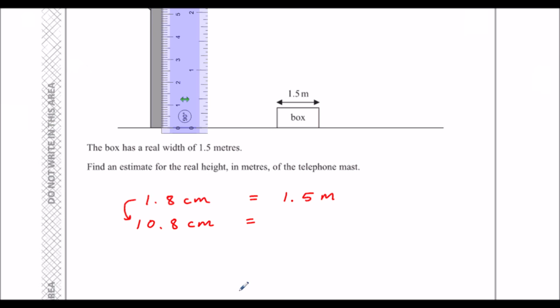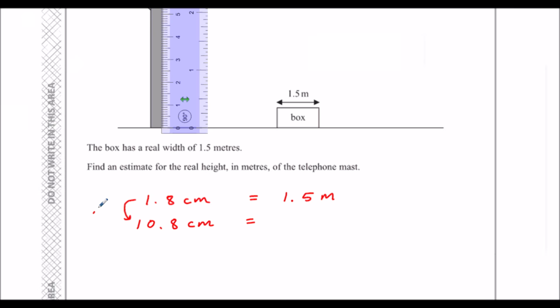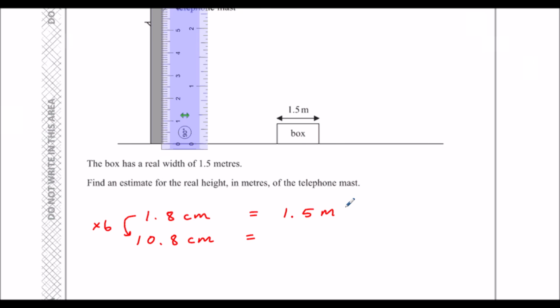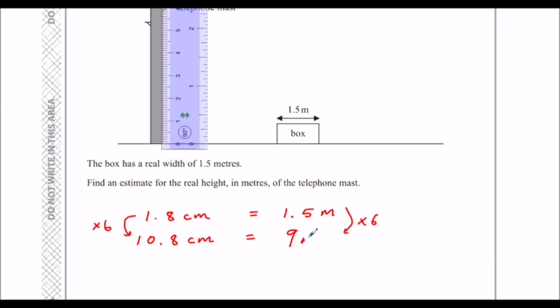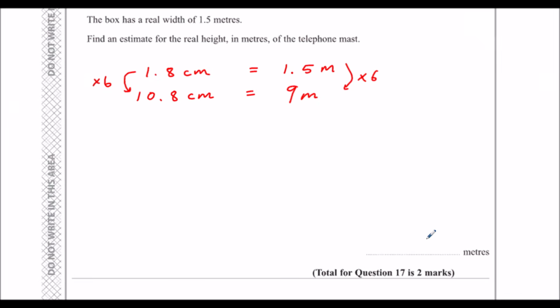To work that out, we can do 10.8 divided by 1.8, which is 6. So to go from 1.8 to 10.8, we times by 6. The mast is 6 times taller than the box is wide. So we'll multiply 1.5 meters by 6. 1.5 times 6 is 9. So we can say that the mast is 9 meters tall.